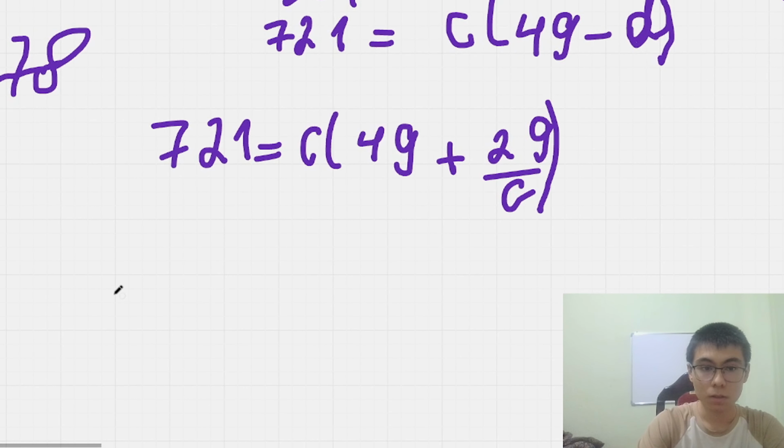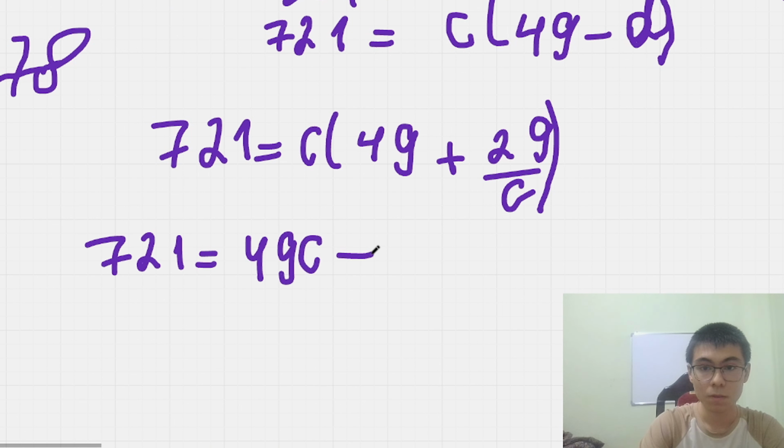So 721 equals 49C plus 29, because the C's cancel out.